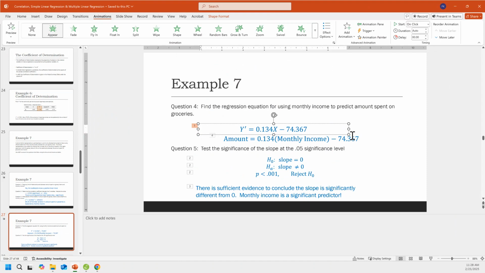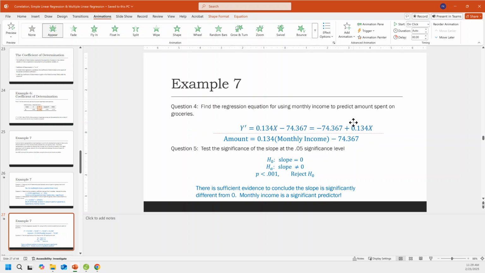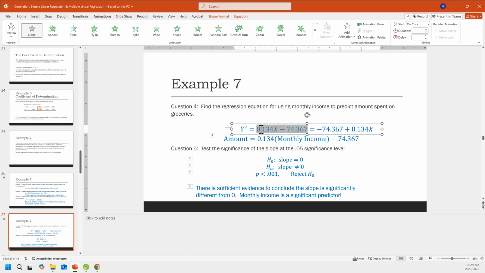I will say that some of you may prefer to write your regression equation in the a plus bx form. You can also write it this way here. y equals negative 74.367 plus 0.134 times x. Either of those ways work. You can say y equals this thing here, or you can say y equals this thing here. It's the exact same thing.